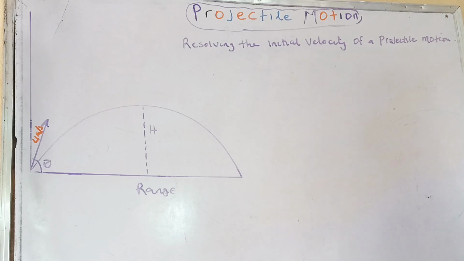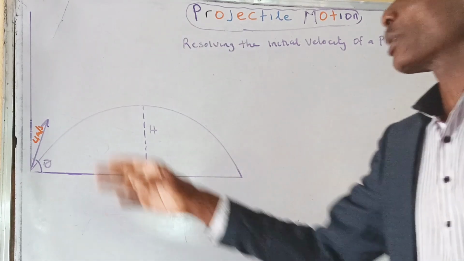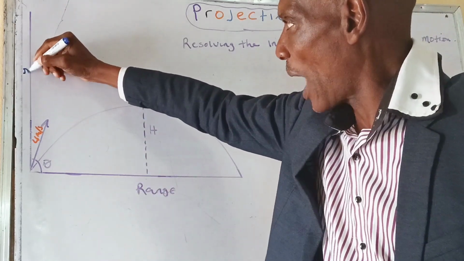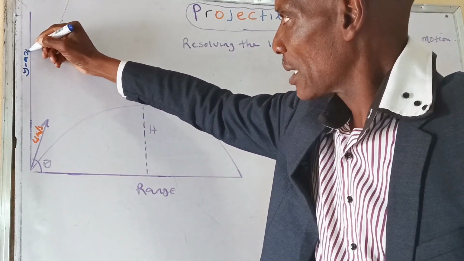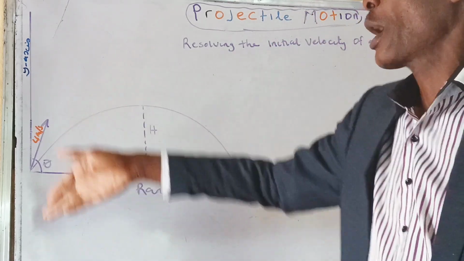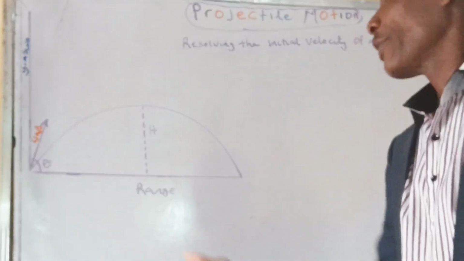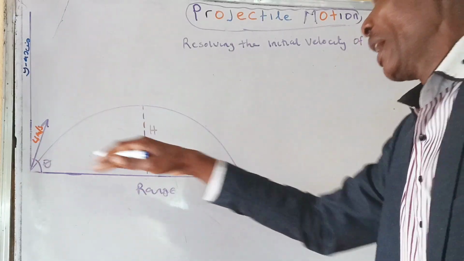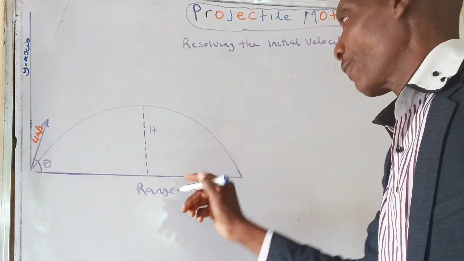All right. Now, from our diagram, for the vertical component, we shall use the y-axis as our frame of reference. So anything vertical, we shall refer to as y. And then the horizontal component, we shall use the x frame of reference.